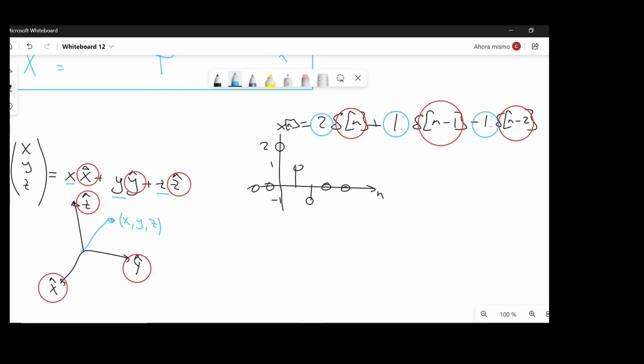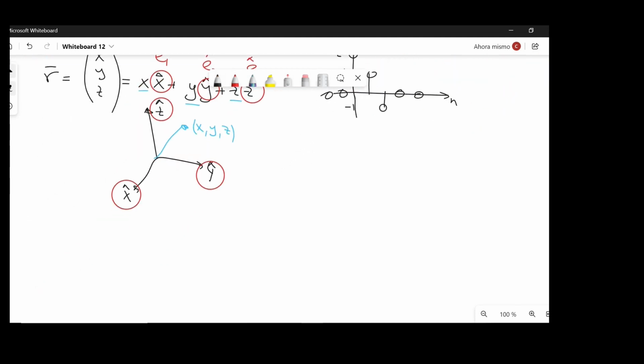So the signal is another vector. Actually, this vector we can write in general. If instead of calling them x, y, z, we call them e1, the first vector, e2, the second vector, e3, the third unit vector, we are saying that the vector is the sum over all elements in your basis of the coefficient that goes with that basis times your basis.